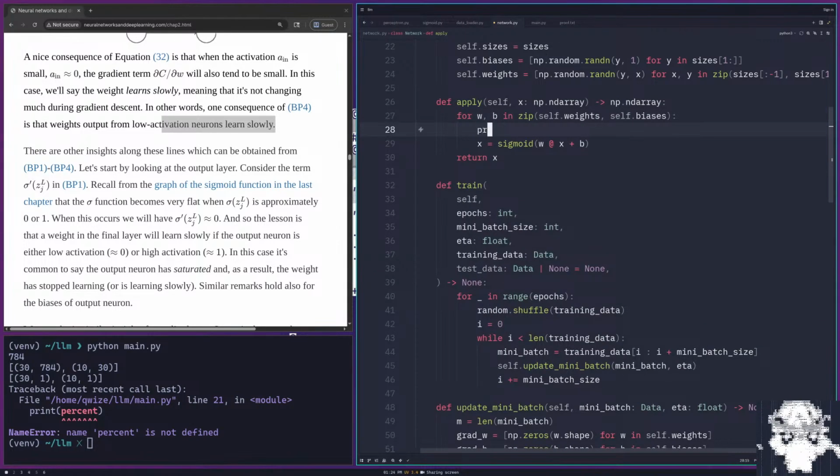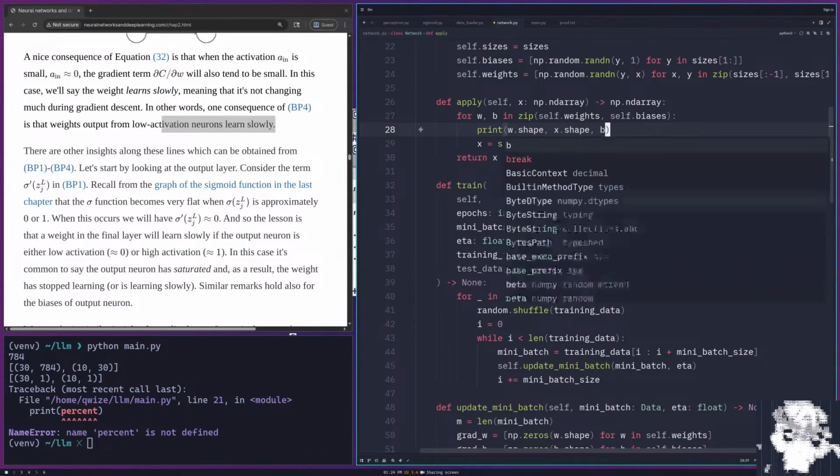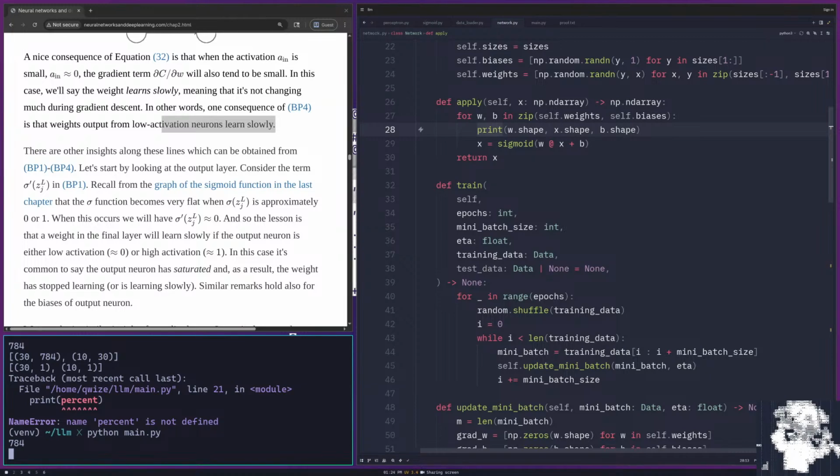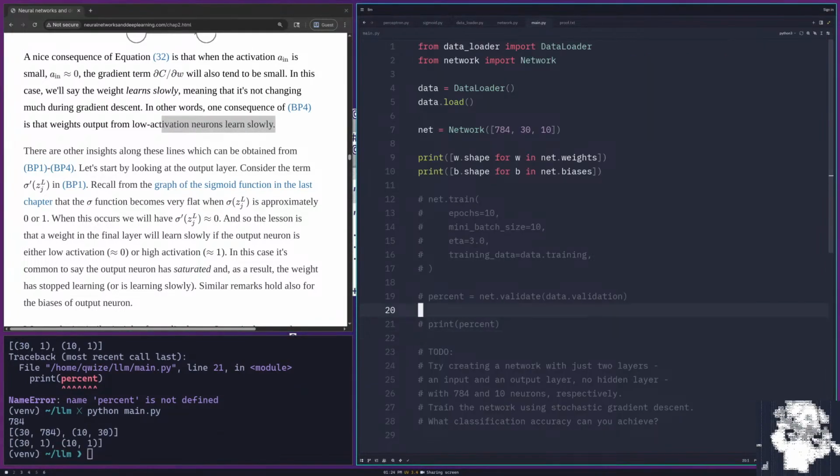Print, yeah, for each application, print me w.shape, x.shape, b.shape. Oh, but I'll have no application because I commented out the validation.